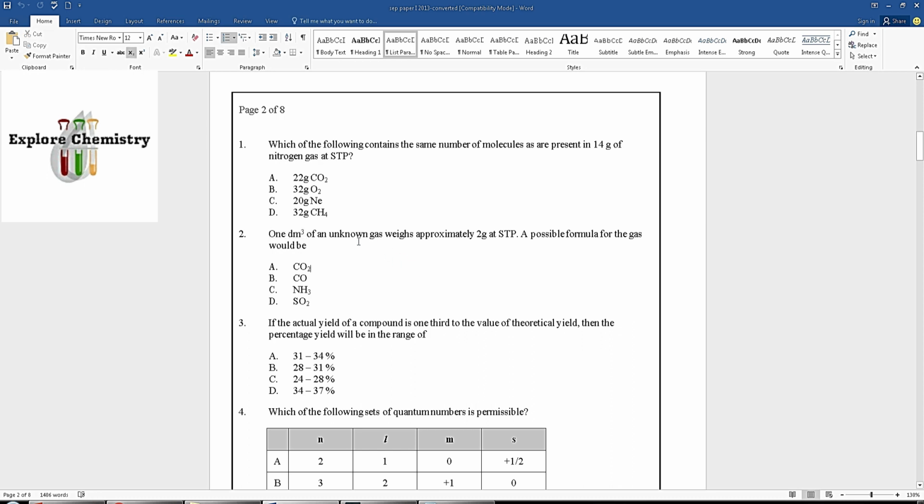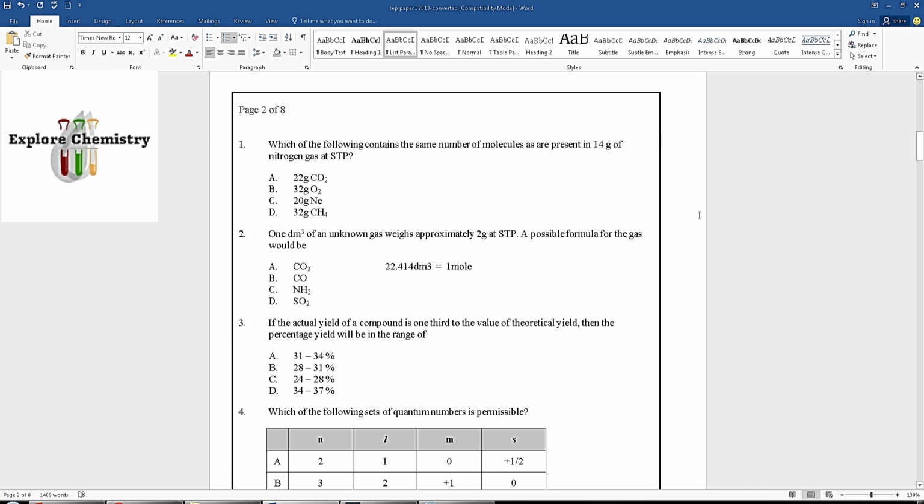As you know, there is a relationship 22.4 decimeter cube is equals to 1 mole of any substance.